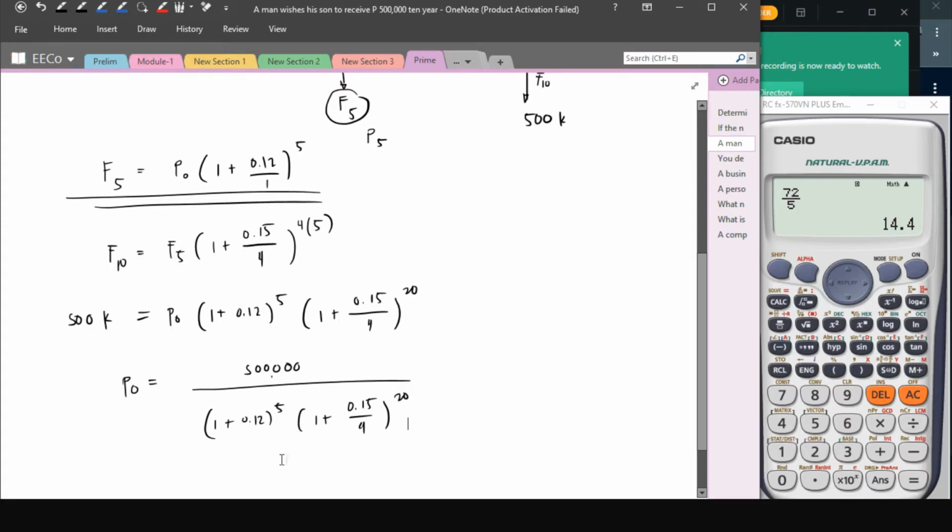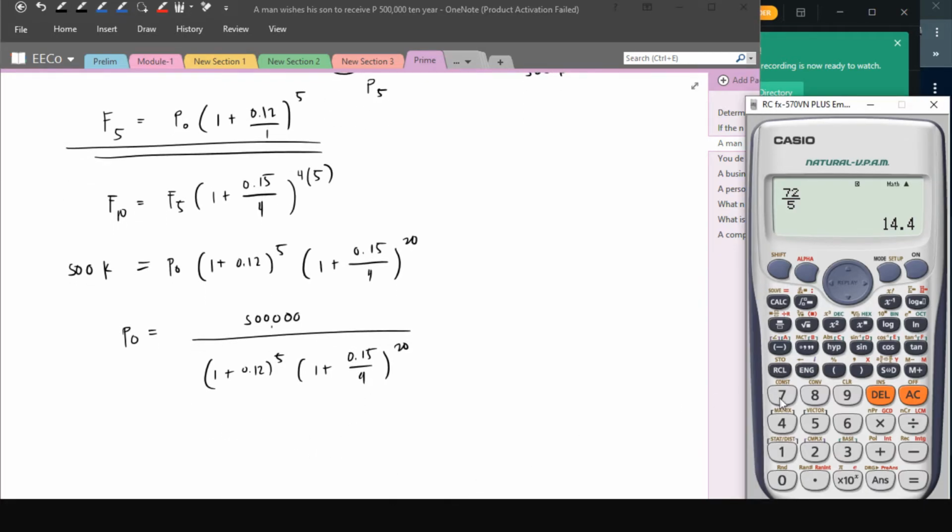Now, the answer will be, ano yung in-invest niya ngayong araw na ito? 500,000 divide by 1.12 raised to the 5th power multiplied to 1 plus 0.15 divided by 4 raised to 20.